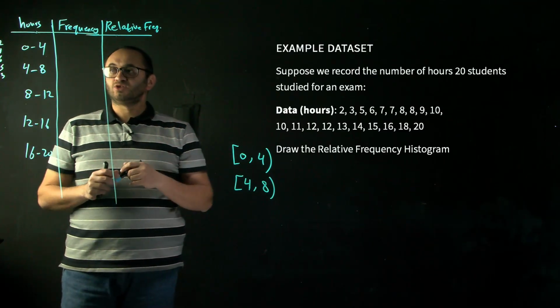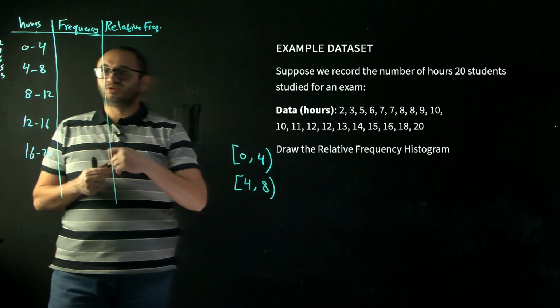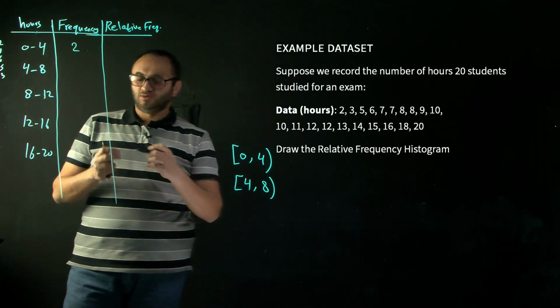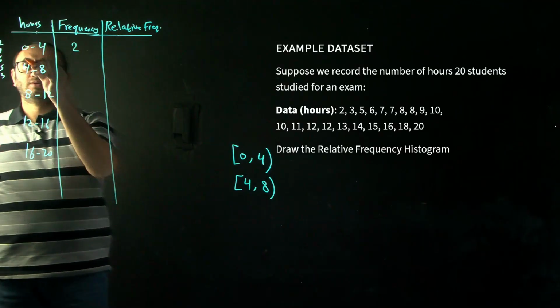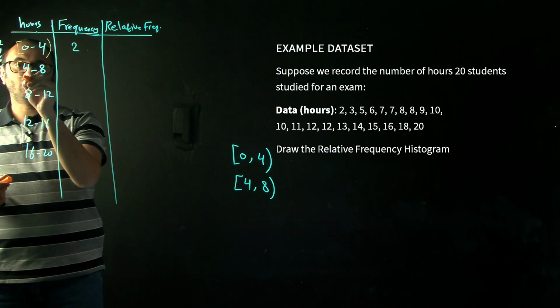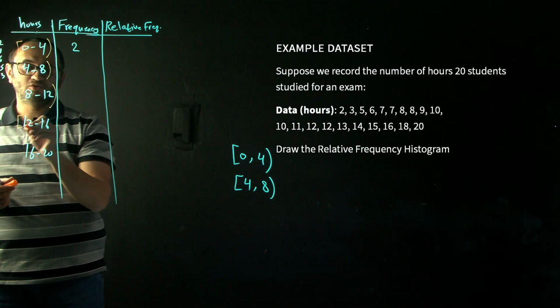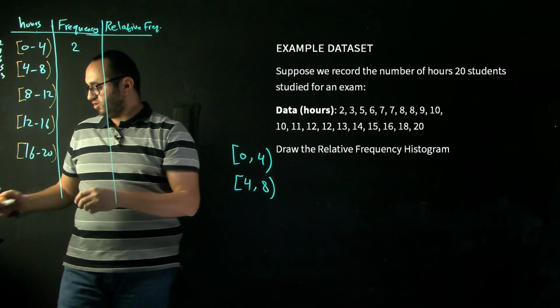So how many numbers do we have from 0 to 4? We have 2, 3, only 2 numbers. For 4 to 8, you can do it in this way: 4 closed, 8 open, 8 closed, 12 open, closed, open.